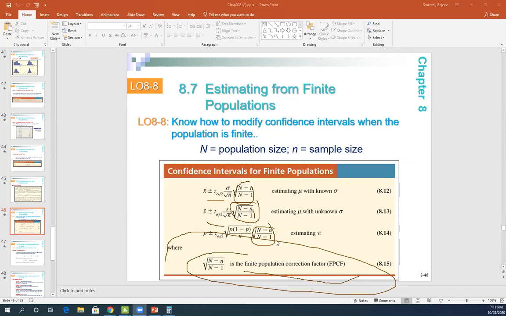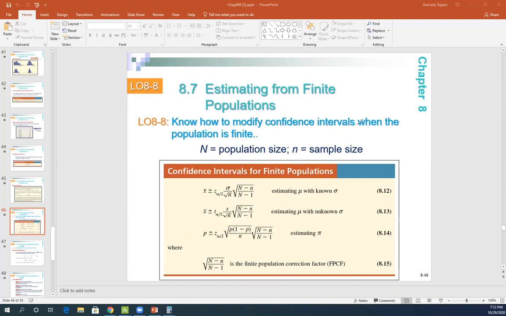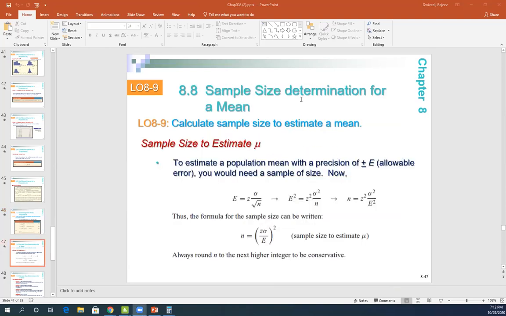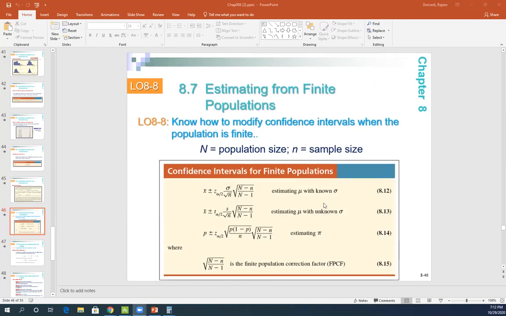So this is for your understanding. Does this make sense? So this has been added with each calculation if you know the population and sample.